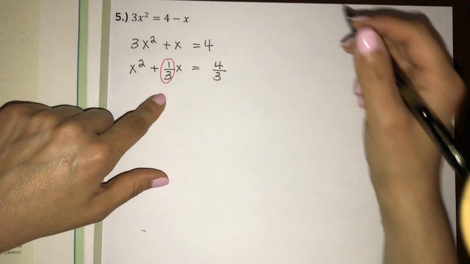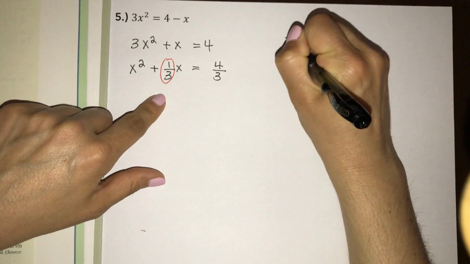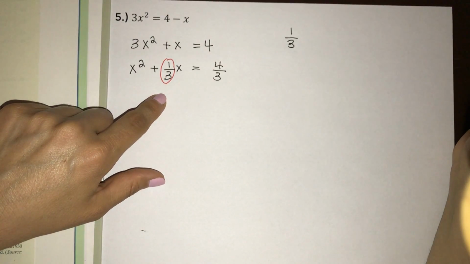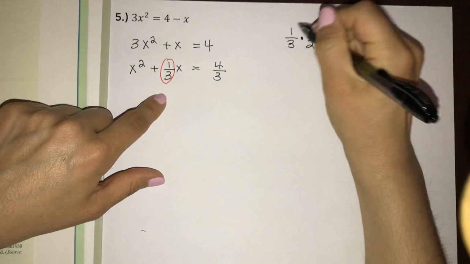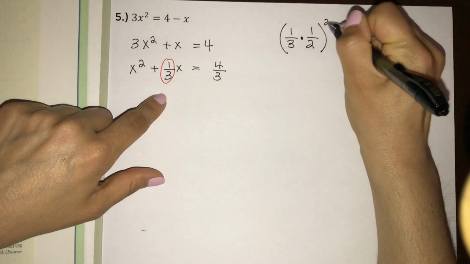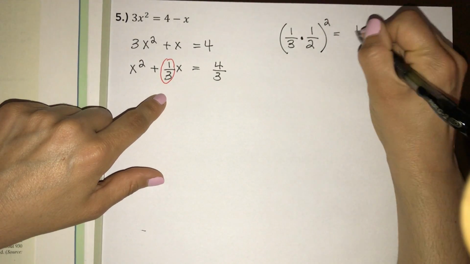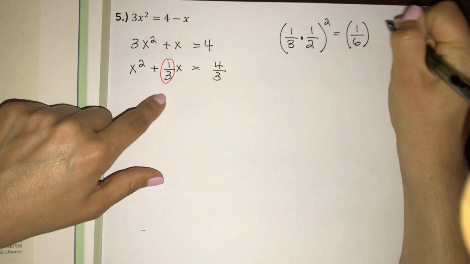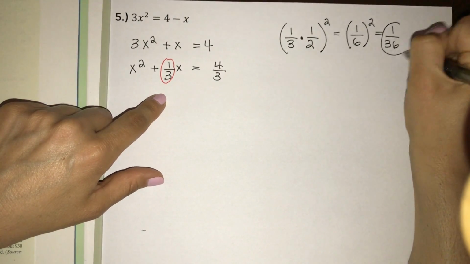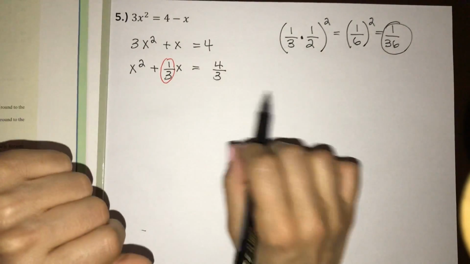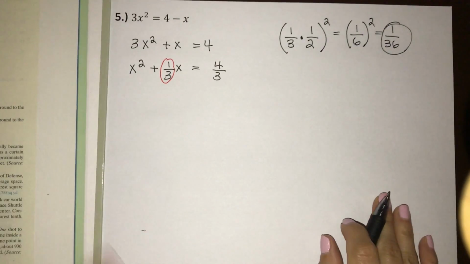So our b value is 1/3, so it's going to be 1/3 times 1/2 squared. So that's going to be 1/6 squared, which is 1/36. This is what we need to add to both sides of the equation.